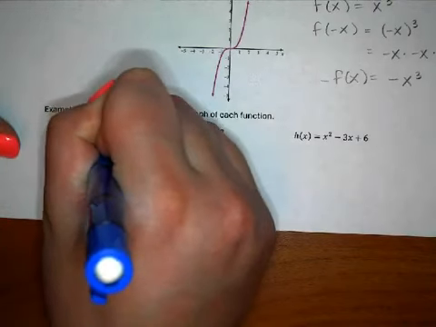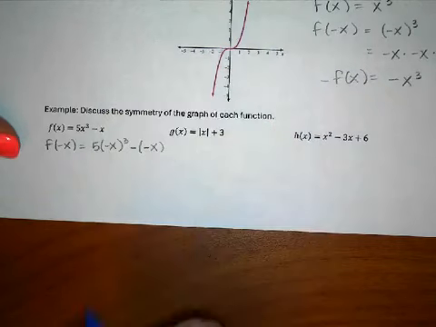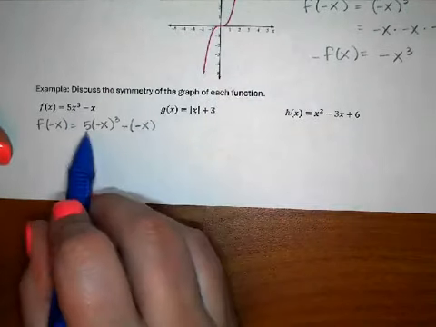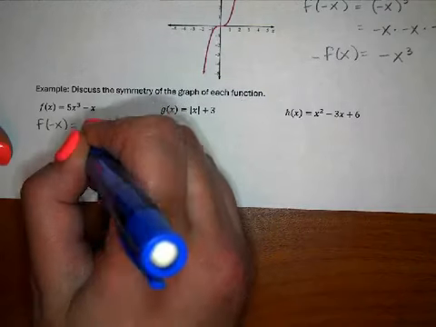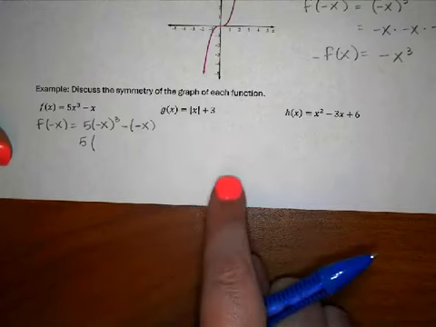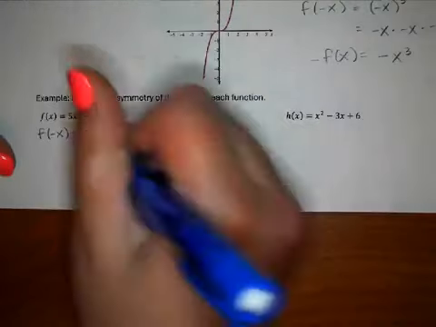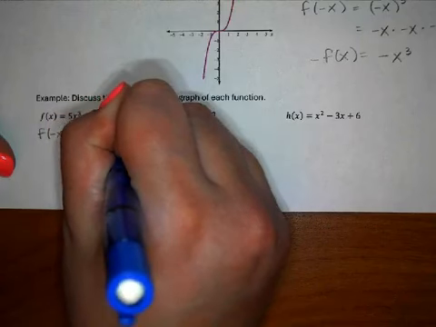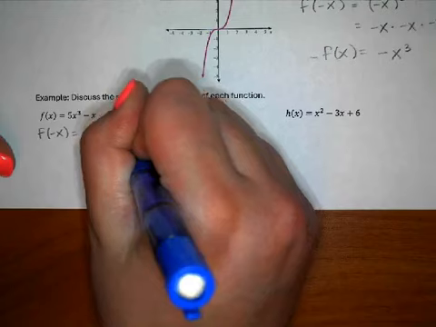here I've got 5 times negative x to the third, and negative x times negative x times negative x, we just did it, is negative x to the third. Over here I have minus minus x, so that's plus x. 5 times negative x to the third is negative 5x to the third.